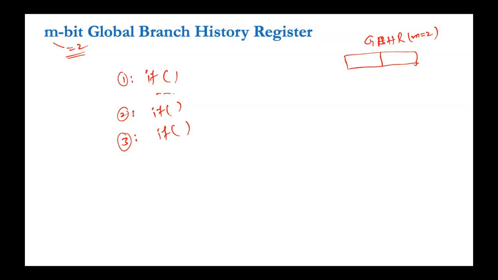If M is equal to 2, how many previous branches will it take to predict the next branch? Are you getting my question? Somebody says 1, somebody 2, somebody 4.